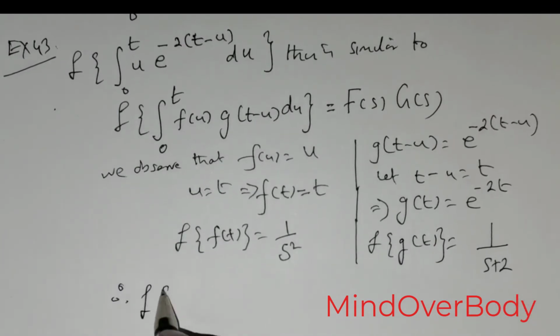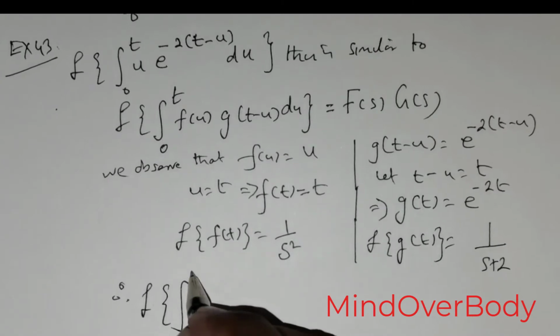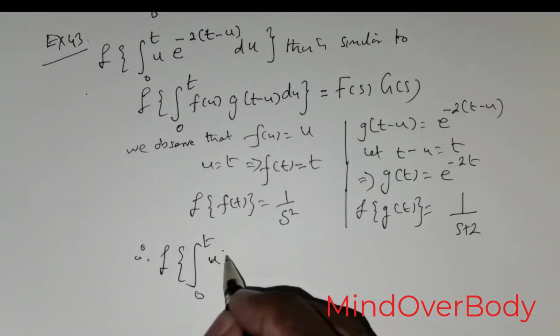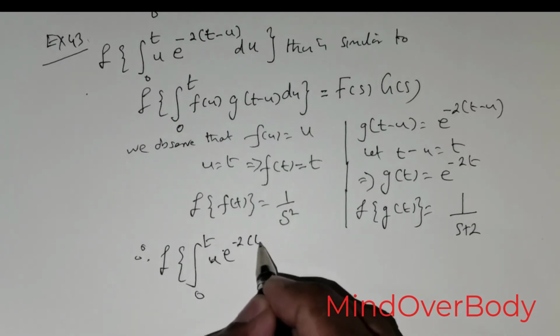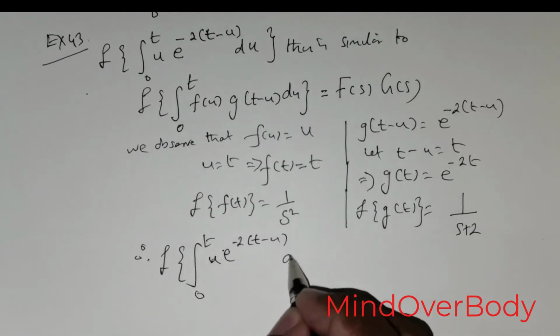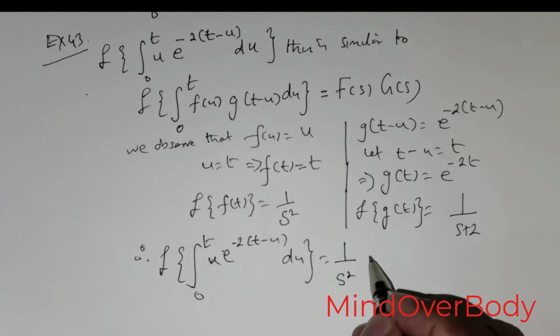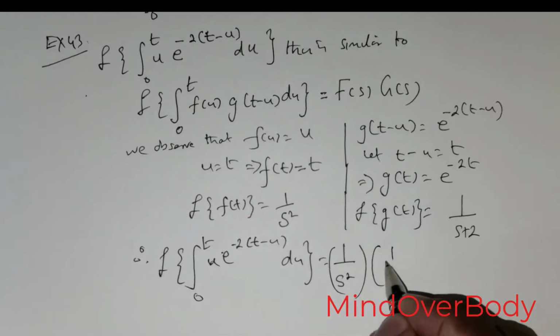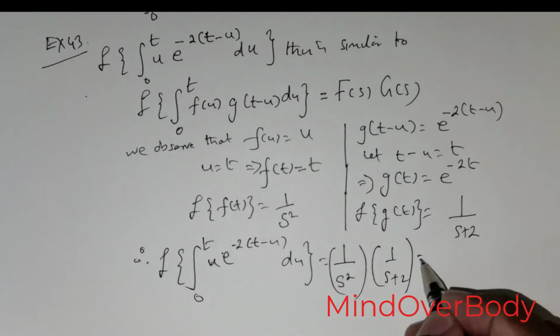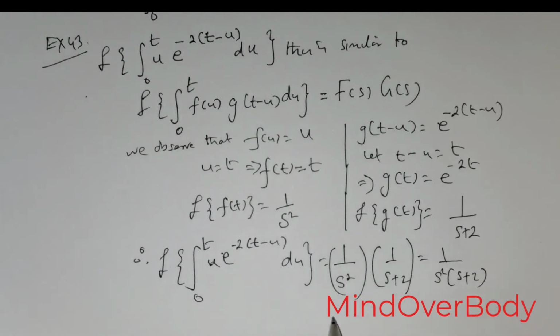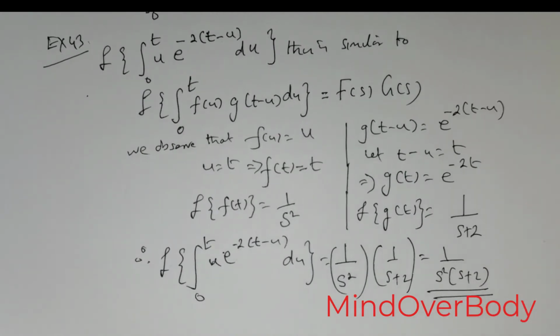So therefore the Laplace transform of the convolution, integral 0 to t u times e raised to the power of negative 2 times (t minus u) du, is equal to 1 over s squared times 1 over s plus 2, which is 1 over s squared times (s plus 2). So this is the solution to this question.